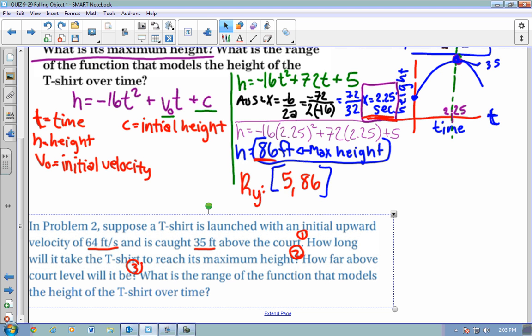Negative b, so 32 over 2a. And I still think this is 5, because that's where the t-shirt starts. They launch it from a height of 5. So it's the initial height.